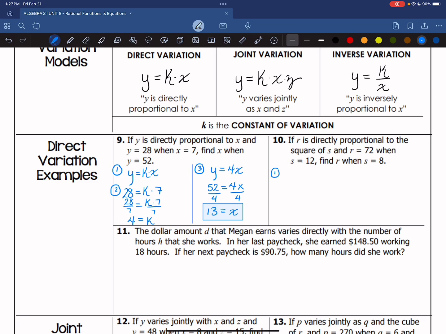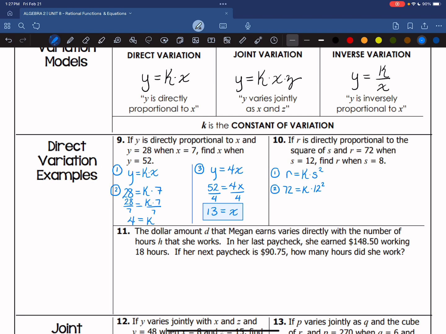It says that R is directly proportional, so that's going to say K, our constant of variation, just following that formula. But it says to the square of S, so I need to take S and square it. It goes on to say that R is 72 when our S value is 12.